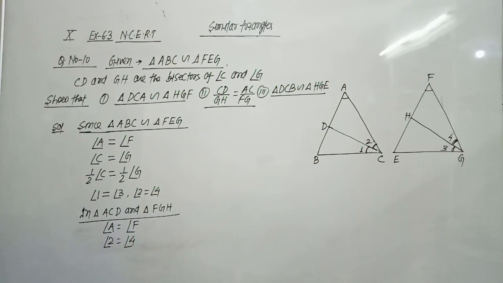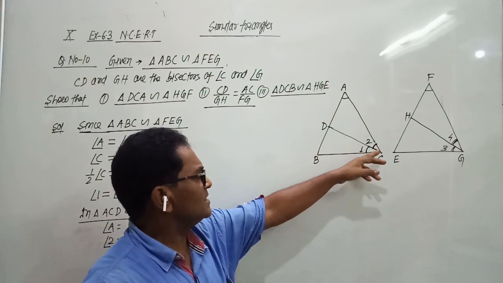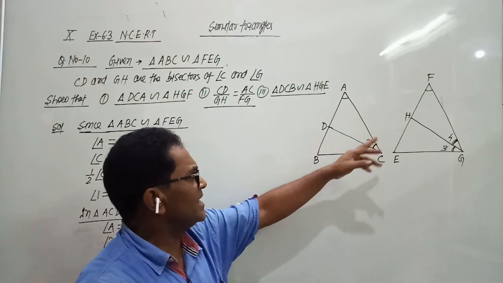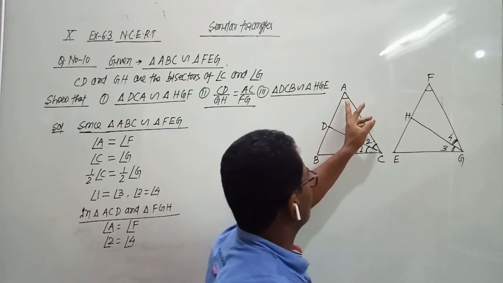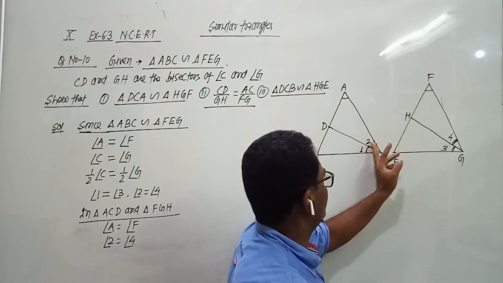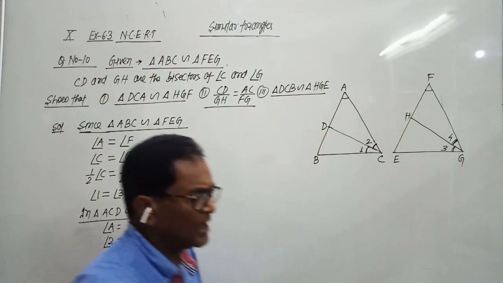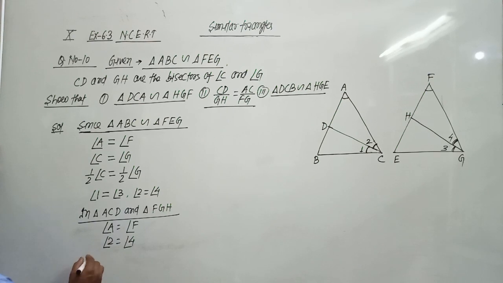So by AA similarity criterion, in triangles ACD and FGH, two corresponding angles are equal. Angle A equals F, angle 2 equals 4. So if in two triangles, two corresponding angles are equal, therefore these two triangles are similar.